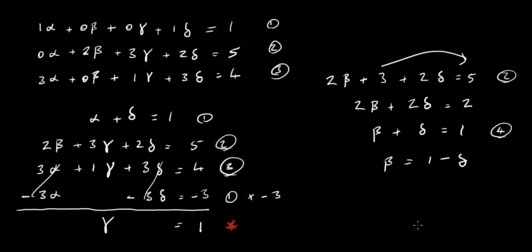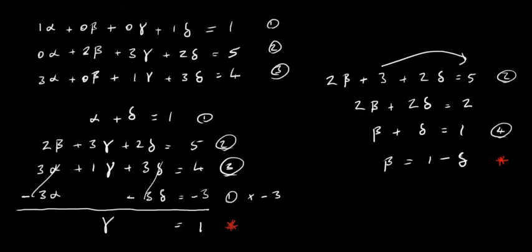This is actually a solution. This is as far as we can go with this. We're not going to get a real value here, so we're effectively going to get alpha and beta in terms of delta. And this is our gamma here. So this is another solution.